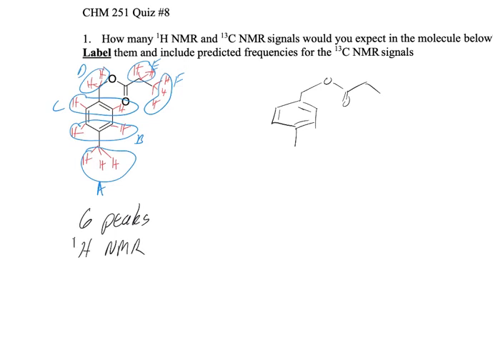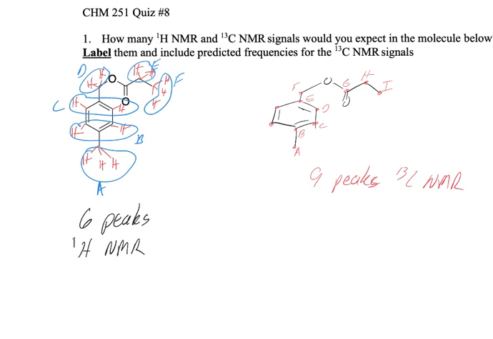For carbon, I'm going to expect more. I see 1, 2, so A, B, both of these guys are C. Both of these guys are D, E, F, G, H, and I. So it's 1, 2, 3, 4, 5, 6, 7, 8, 9. 9 peaks for C13 NMR.